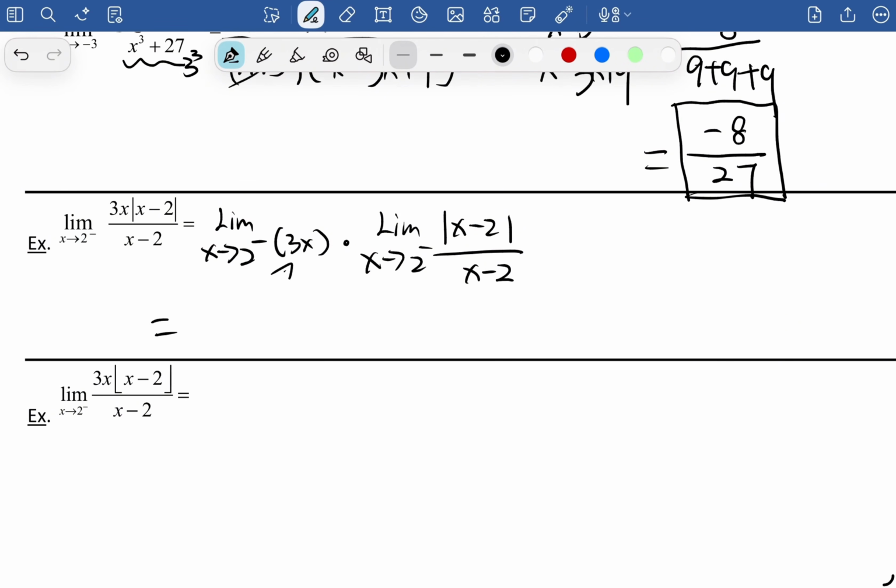The value of this one, since it's continuous, we can just plug x equals 2 in. We get 6 times, since we're approaching from the left of the breakpoint, the absolute value is gone. We're left with a negative sign times negative 1. This is negative 6.